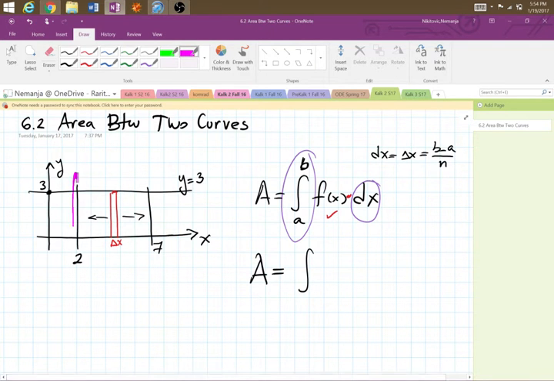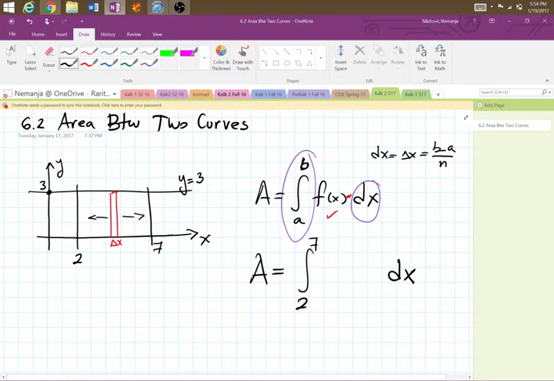It starts right here and goes across, going through every single position between 2 and 7. So I will say that the representative rectangle dx slides from 2 to 7, and there is your width.